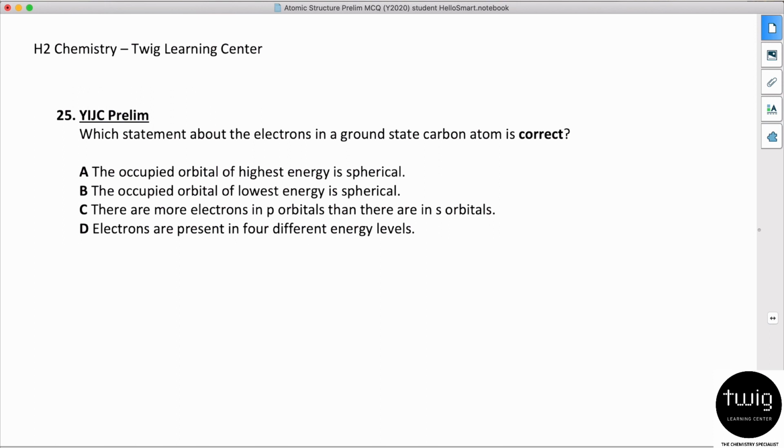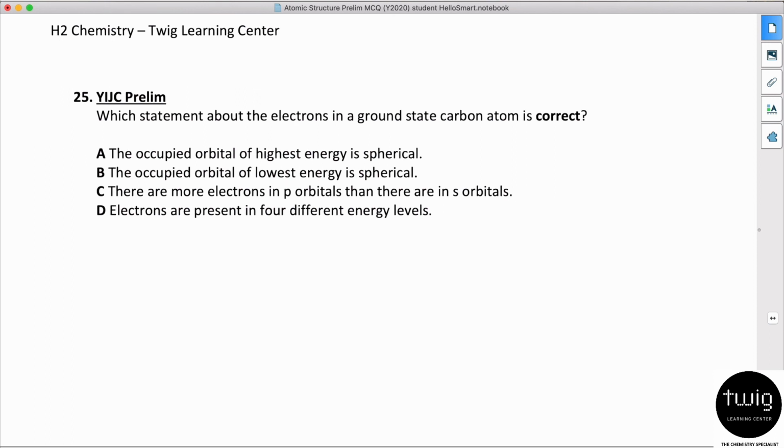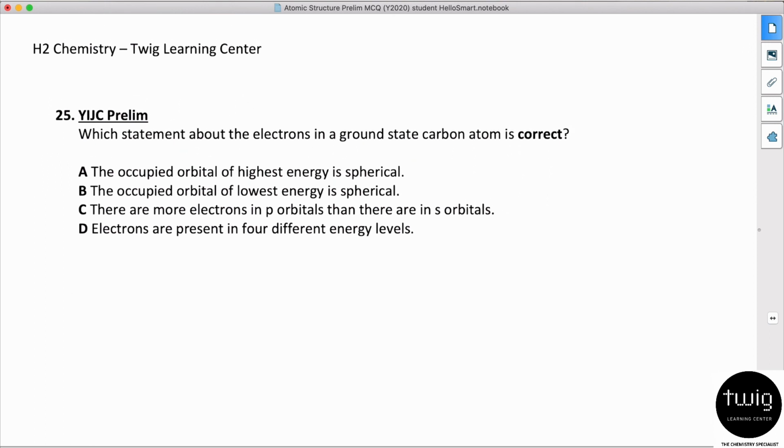Which statement about electrons in a ground state of carbon is correct? Carbon has 6 electrons, so the configuration is 1s2, 2s2, 2p2. The occupied orbital of highest energy is spherical? No, it's dumbbell shaped, so that's wrong. The occupied orbital of lowest energy is spherical, which is true. This is s, and s is spherical, so this is the answer already.